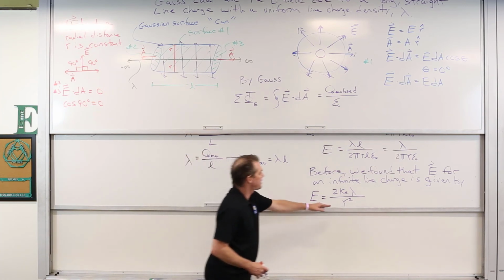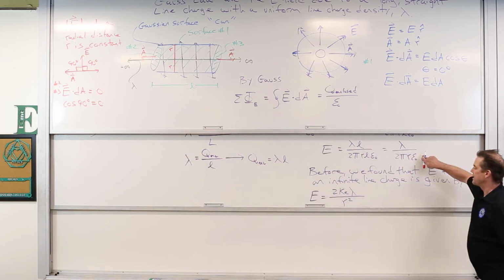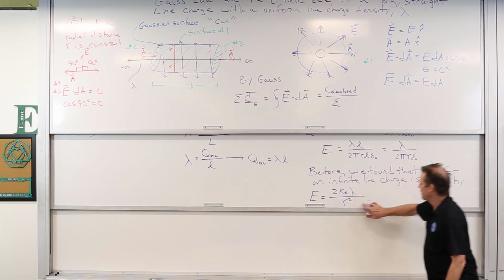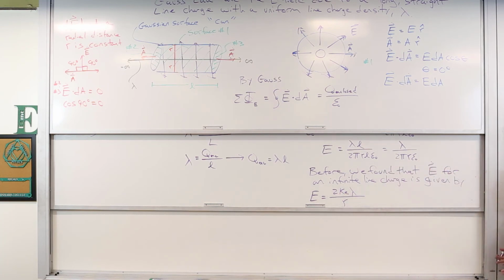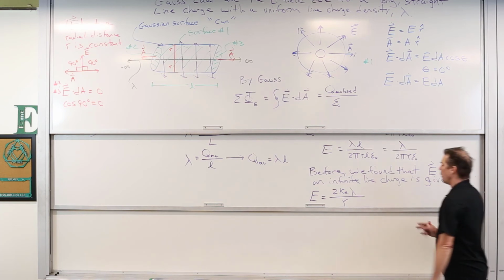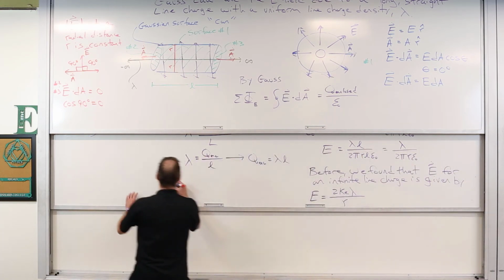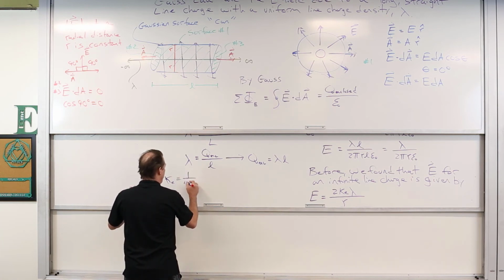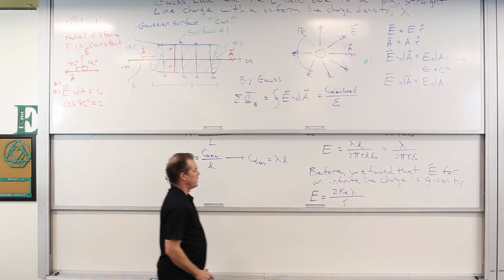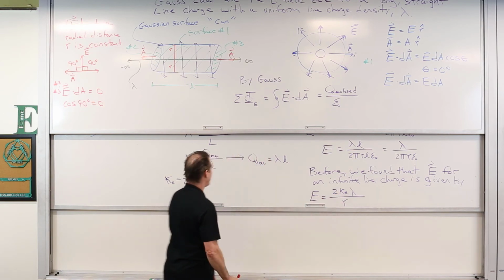Well, is this and this the same thing? The answer is, yeah, they're the same thing. Why? Because k sub e is equal to 1 over 4 pi epsilon 0. We stick that in for k sub e, and what do we get?